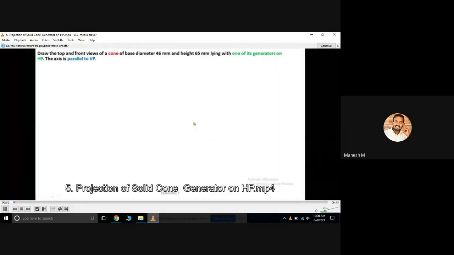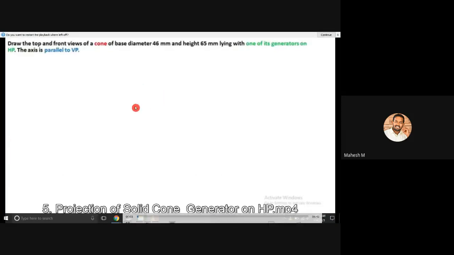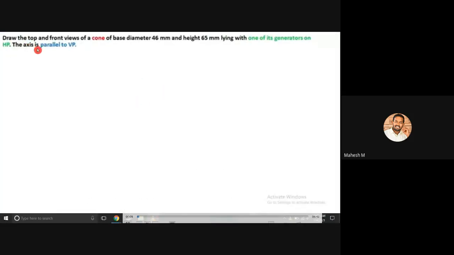Okay, so this one is a cone. Draw the top and front view of a cone. From the question itself, we directly understand that it is a cone, of base diameter 46 mm and height 65 mm, lying with one of its generators on HP.